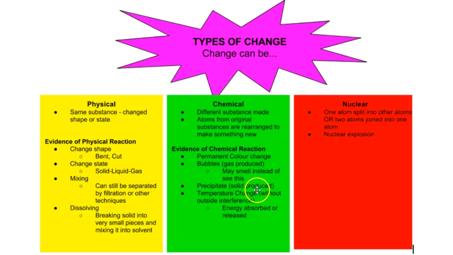So you can heat something up or cool something down, but when you mix two substances and don't add any energy to it, you don't try and heat it up or anything to make it work, but you still get a temperature change, then you know that a chemical reaction is definitely occurring because it's either releasing energy or absorbing energy as the chemical change occurs. So there, in a nutshell, is the difference between physical and chemical changes. Now you're going to go a little bit more into what is happening to make a chemical change occur.